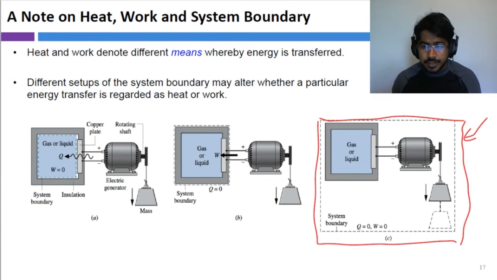It is not, again, because in a closed system, the definition is that mass should not be able to cross the boundary. But does this boundary ensure that there's no mass transfer? Air or something can come in, right? Unless this is placed in a vacuum, then it is a closed and isolated system.